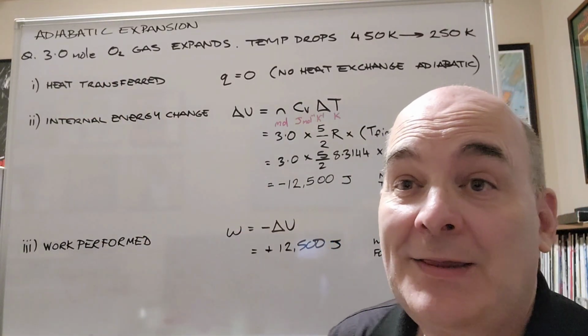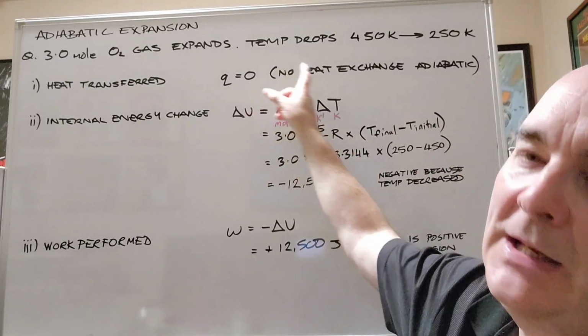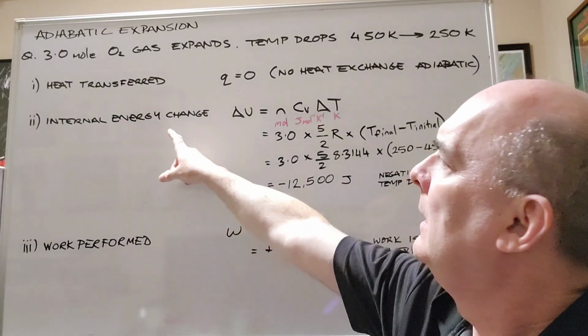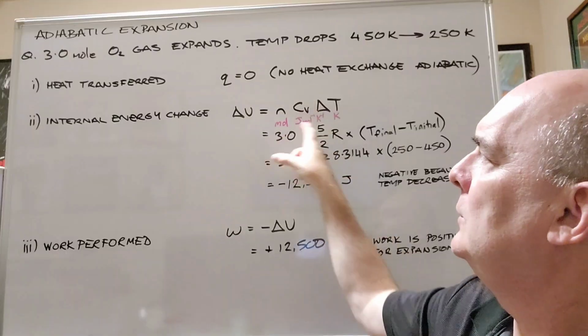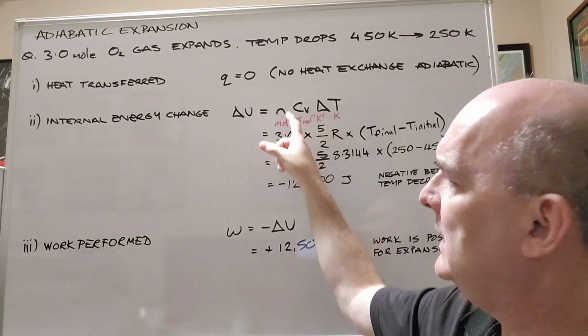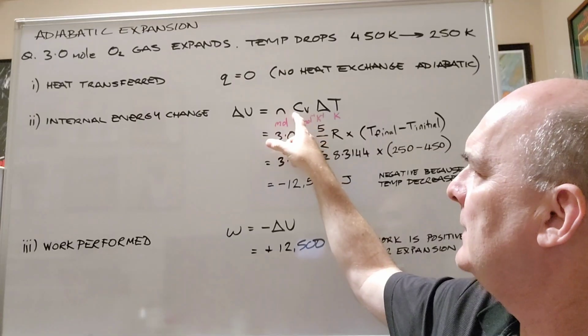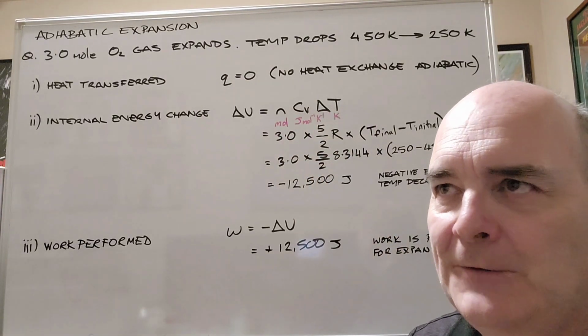Well, first of all, this is an adiabatic expansion. That means there is no heat exchange. Q equals 0. Internal energy change. Well, we can go back to our old calorimetry idea here, that the internal energy change is the number of moles multiplied by the heat capacity multiplied by the change in temperature.